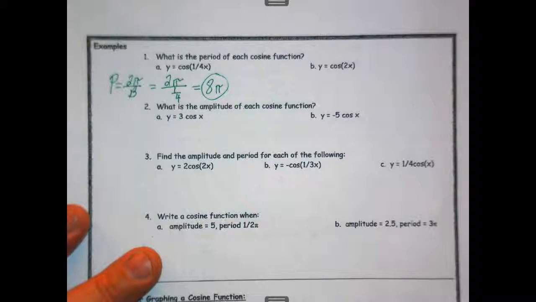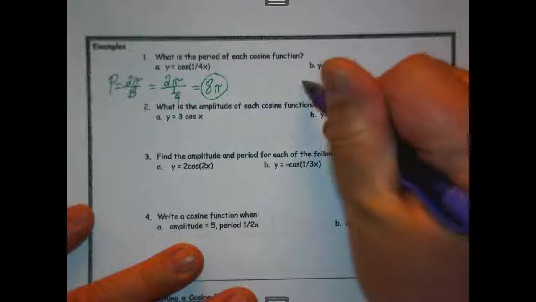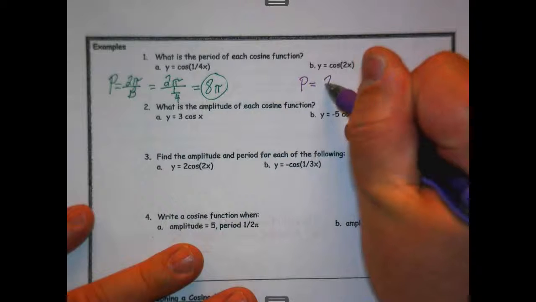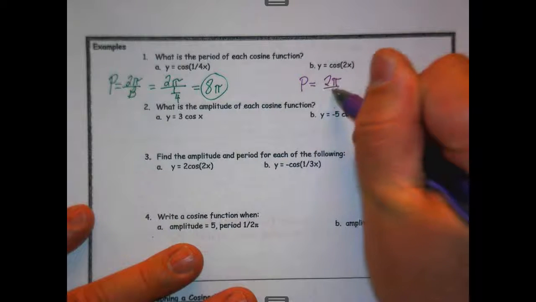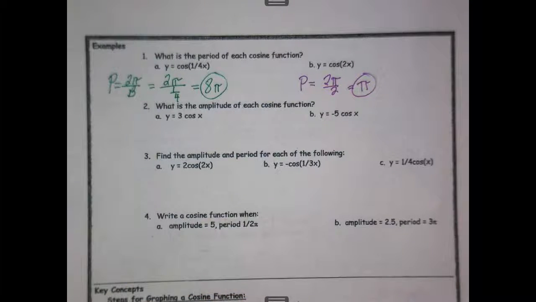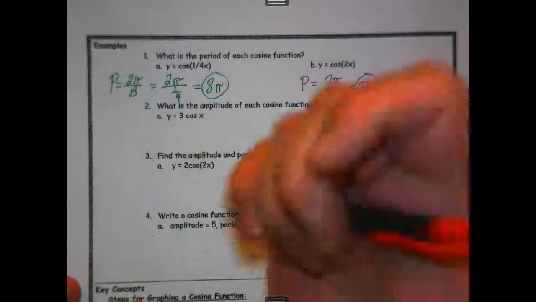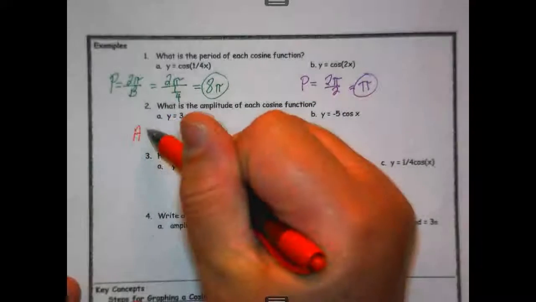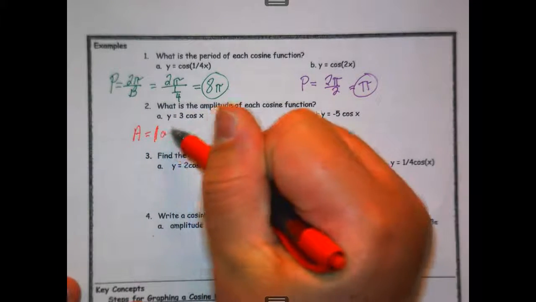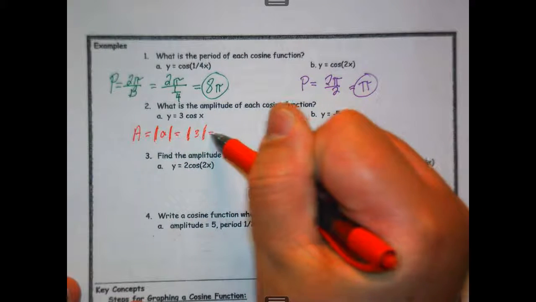Guys, knock it off. That's enough. Next one, period equals 2 pi over b. My b is 2, so this equals pi. Amplitude is the absolute value of little a, which is the absolute value of 3, which is 3.